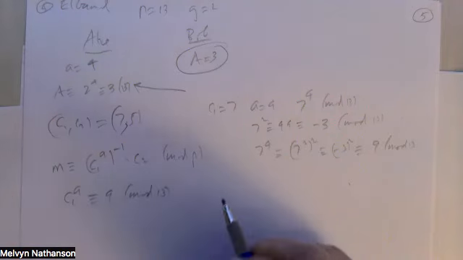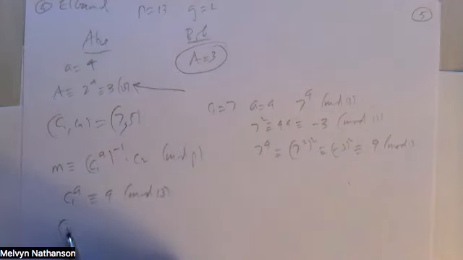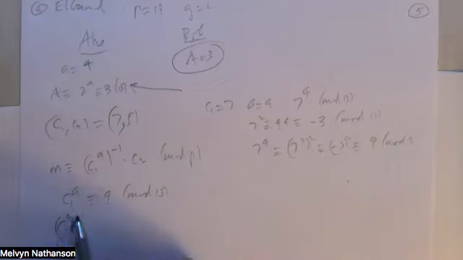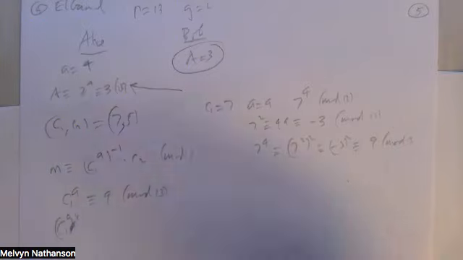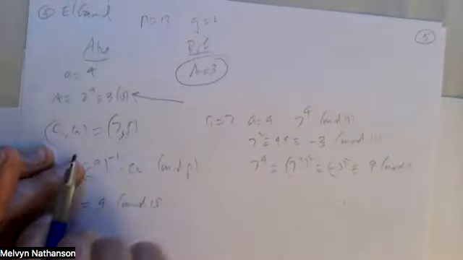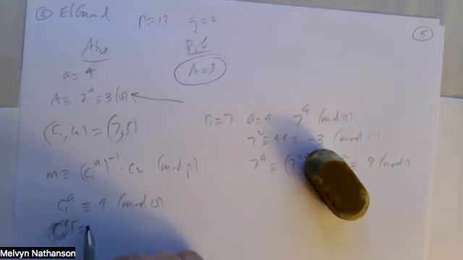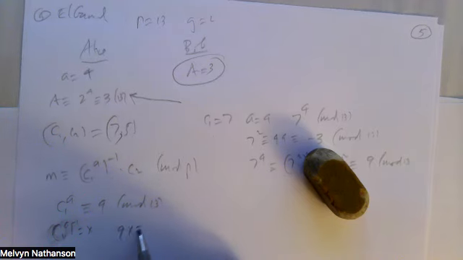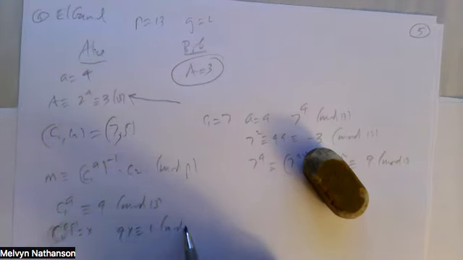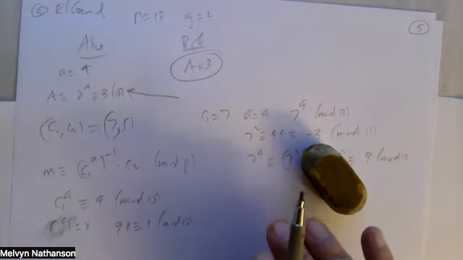What is C1 to the A inverse? That means we're looking for a number X where 9X is congruent to 1 mod 13.